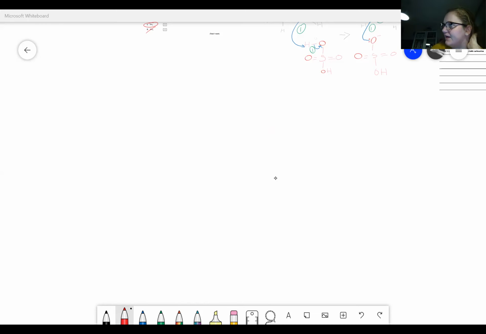Obviously, E means it's an E isomer of 1,2-dichloroethene. So A, it has the same melting point as Z-1,2-dichloroethene. B, it forms a polymer with the same repeating unit as Z-1,2-dichloroethene. C, it has the same IR spectrum as Z-1,2-dichloroethene. Well, it's not going to have the same IR spectrum because it's an isomer, it's different, so it's not going to be that one.